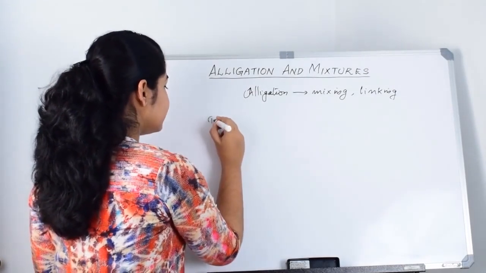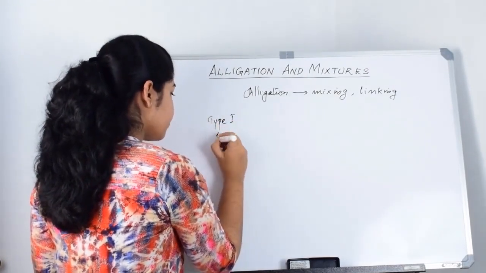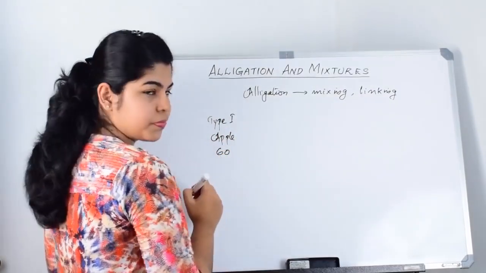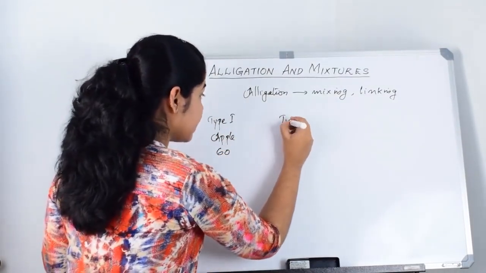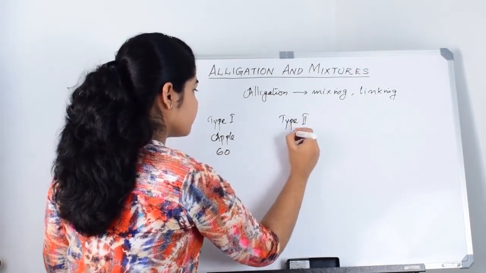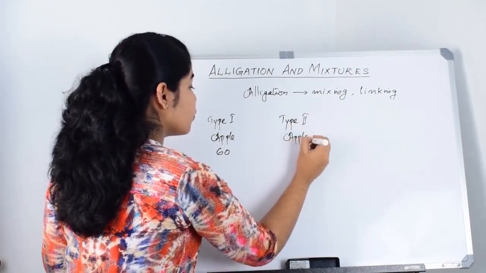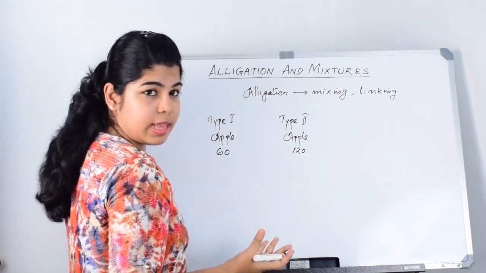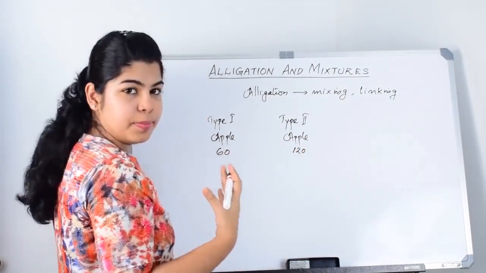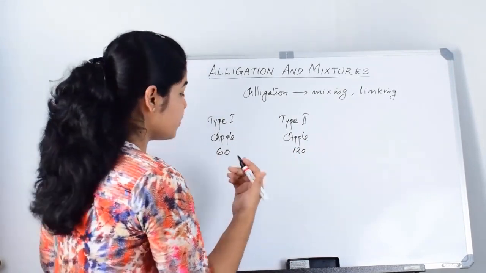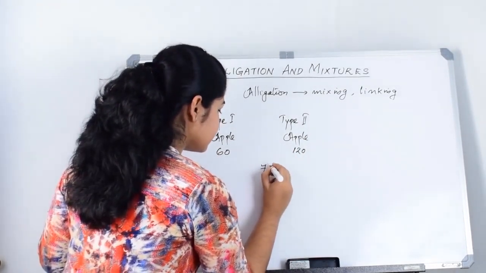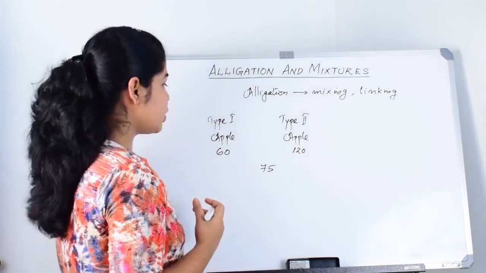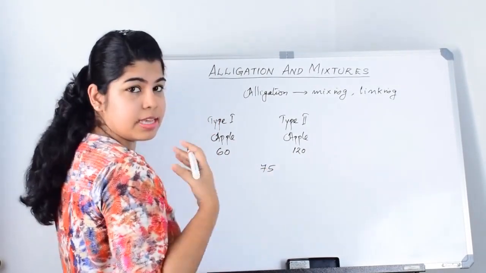Consider you have a type 1 apple which costs rupees 60 per kg, and you have another type 2 apple which costs rupees 120 per kg, and you are given that both these types of apples are mixed and the price of the mixed quantity is rupees 75 per kg. Then you are asked to find the ratio in which type 1 and type 2 apples are mixed.